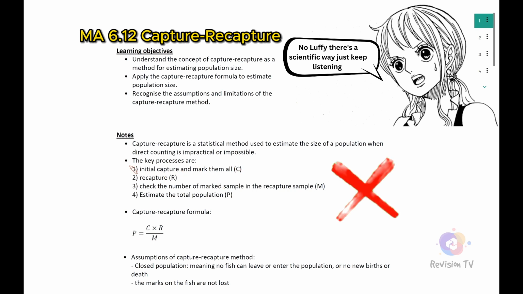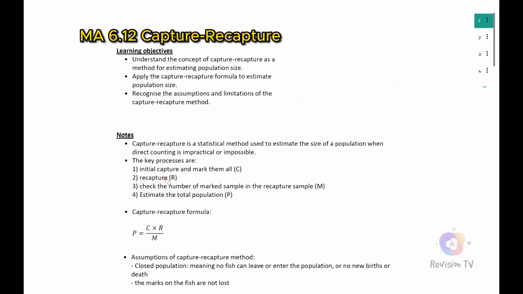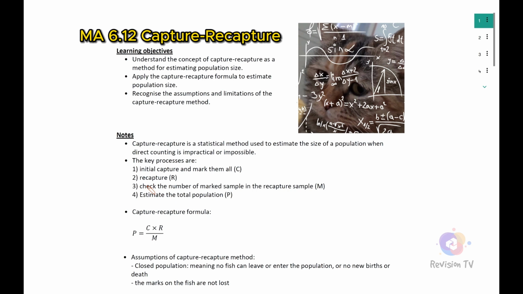We call this number C. Then you let them go, and the next day, or 24 hours later, you recapture them. We call this the value of R. Then you check the recaptured population and see how many of them are marked. That number is called M, and using these three values, we can estimate the total population P.